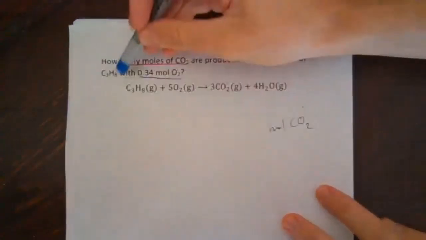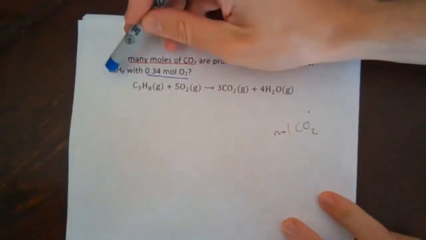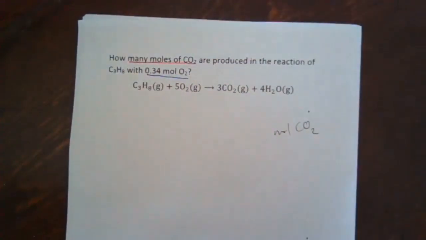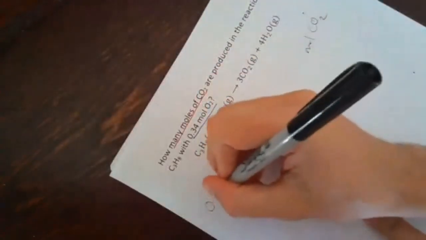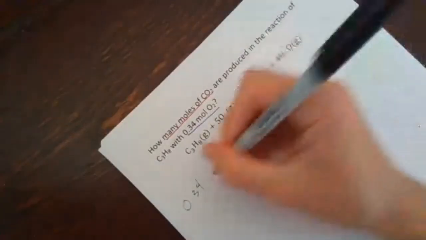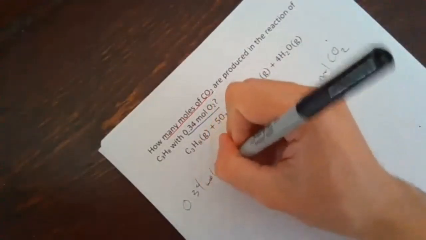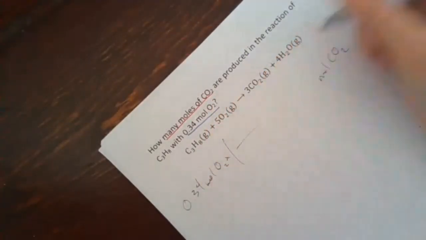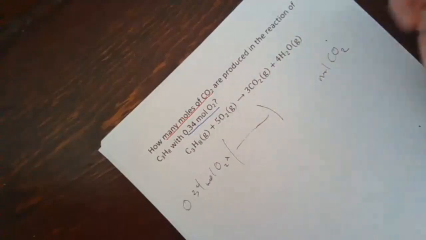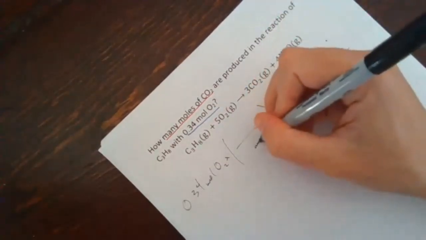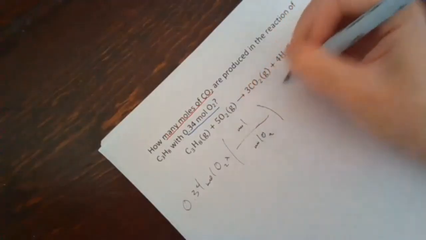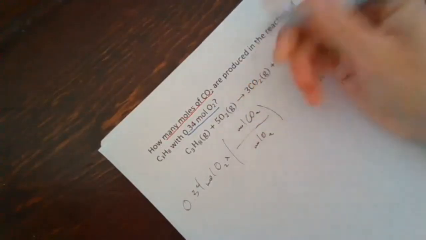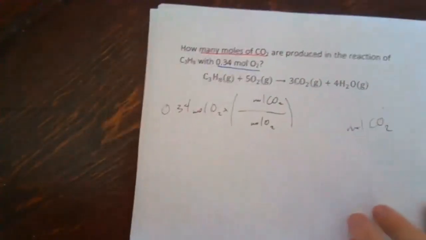It's a combustion reaction, you're reacting C3H8 with O2. So we fill that in, and we get 0.34 moles of O2. Then we can plot it out: we want to get out of moles of O2 and go to moles of CO2.